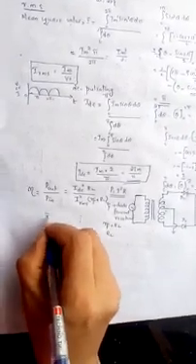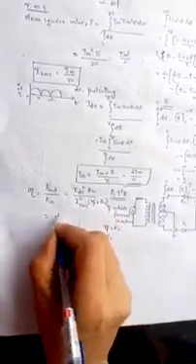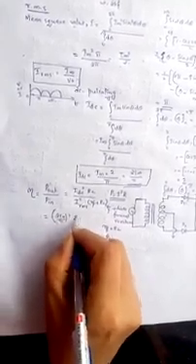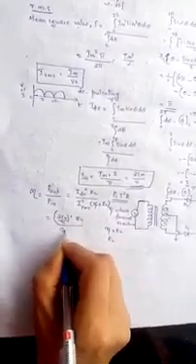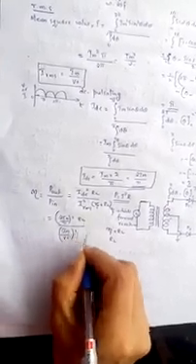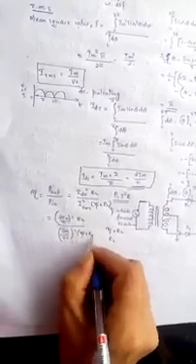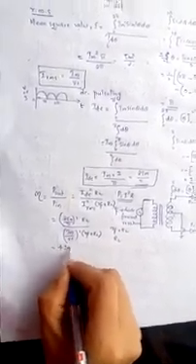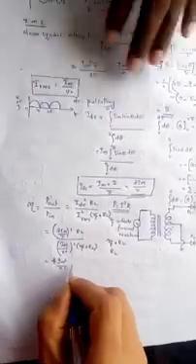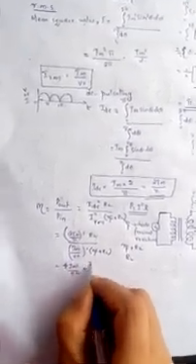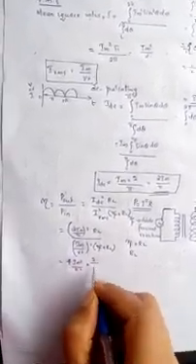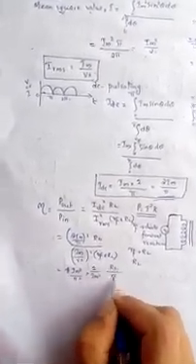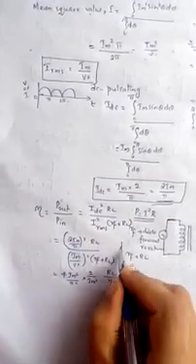Now we can substitute the values. I square DC, that is 2 Im by pi the whole square, into RL, divided by Im by root 2 the whole square into RF plus RL. This is the expression. You can expand this: 4 Im square by pi square, and the square of root 2 is 2, divided by Im square, into RL divided by RF plus RL.